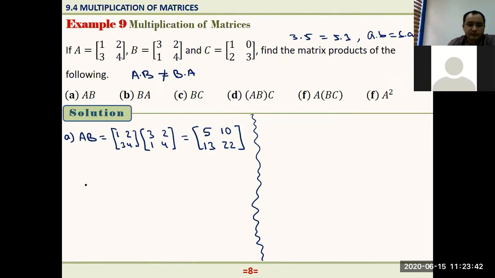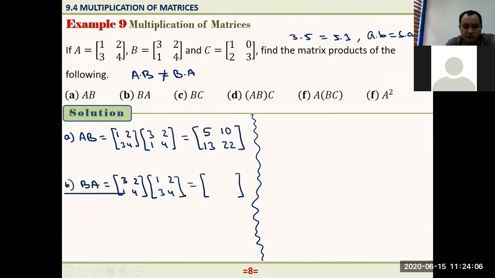Our question B says B times A. What is B? B is 3, 2, 1, 4, and A is 1, 2, 3, 4. Both are 2 by 2 matrices, so here we will have a 2 by 2 matrix.